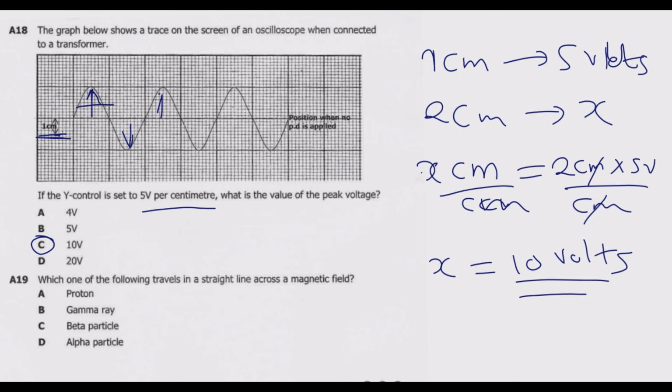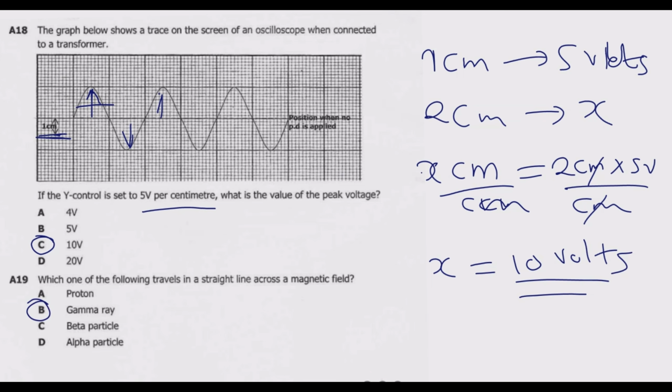Then basically it's only the gamma ray, because these are electromagnetic waves with no charge. So gamma rays have no charge, and hence they will not experience any magnetic force as they travel through a magnetic field. So B is the best answer.